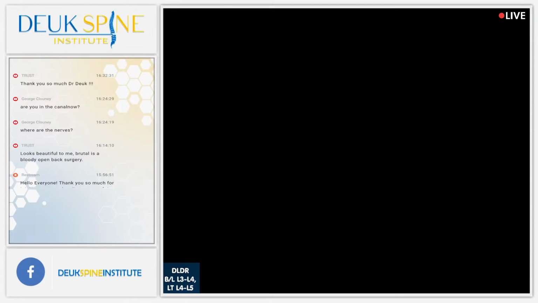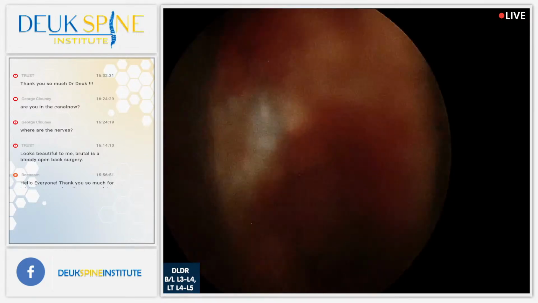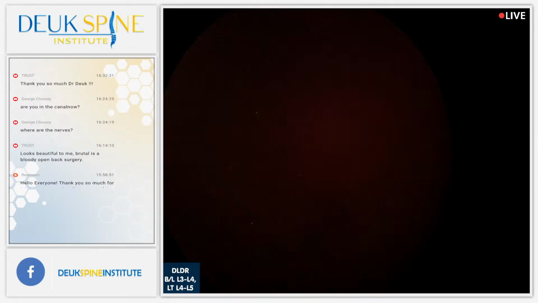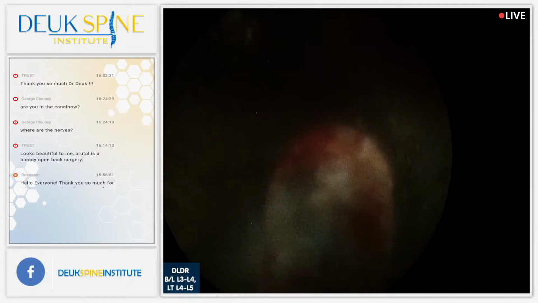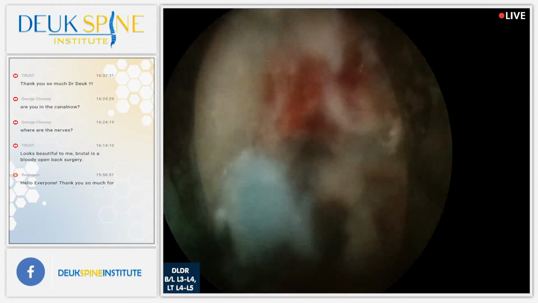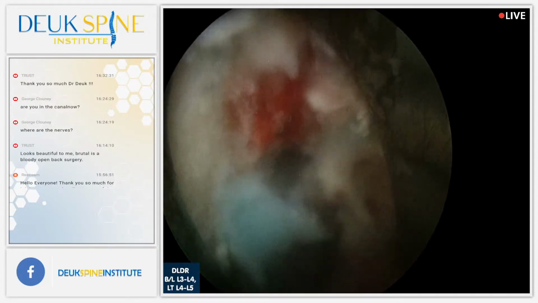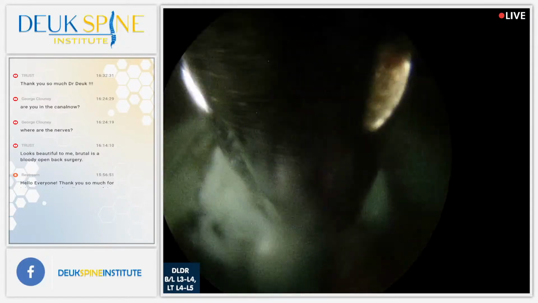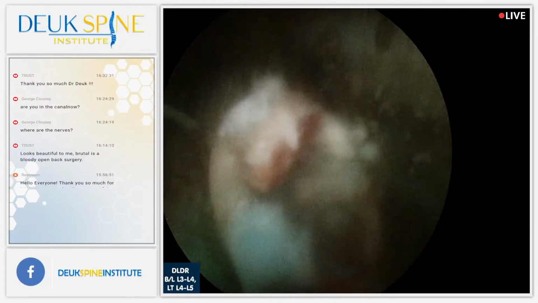All right. So why is it a little more bloody on this side? Let's see who can figure that out. Anybody know? Oh, this side looks different, doesn't it? At least in this area, it has less herniation and more scar tissue.